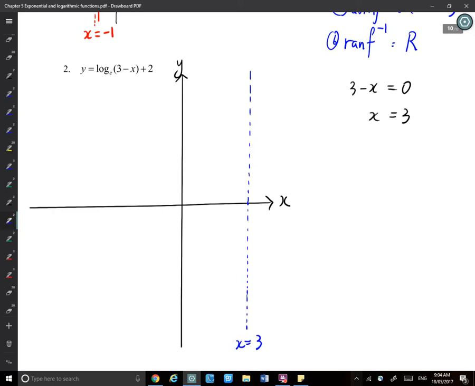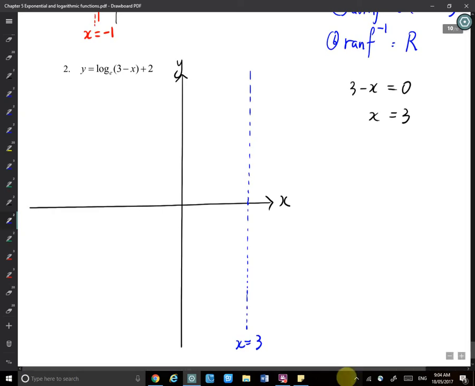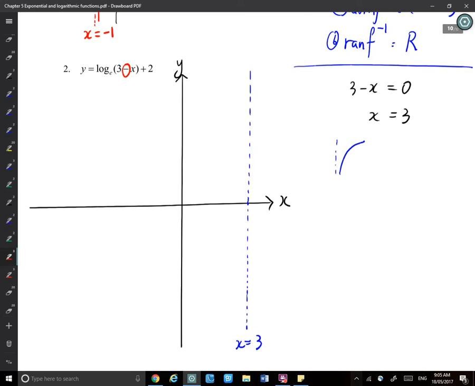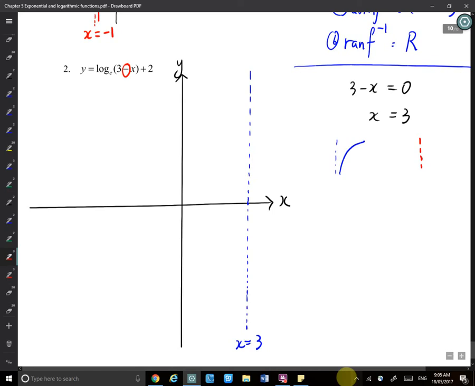And then we'll think about the shape of this graph. The base shape is log e. So the base shape is like that. But you have a negative sign in front of x, so you will reflect by the y-axis. Therefore, the graph will be like the red one. Okay, reflect by the y-axis.